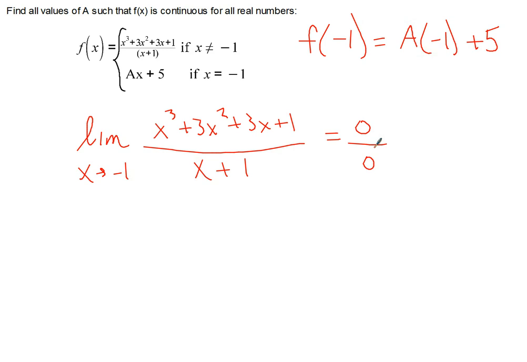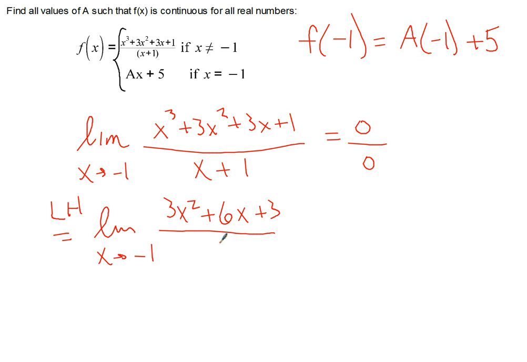With an indeterminate limit, we have two ways of evaluating it. We can either factor the top. This factors into x plus 1 cubed, and then we can cancel, or we can use L'Hopital's rule. So if we use L'Hopital's rule here, we end up with the limit as x approaches negative 1 of 3x squared plus 6x plus 3 over 1.